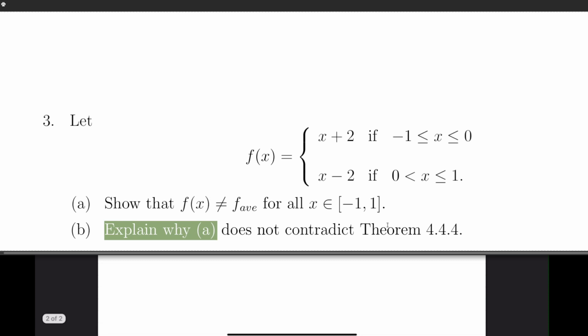So theorem 4.4.4 says if the function that we are integrating is continuous everywhere on the interval that we are integrating, then there exists a point in the interval where f is equal to its average value.